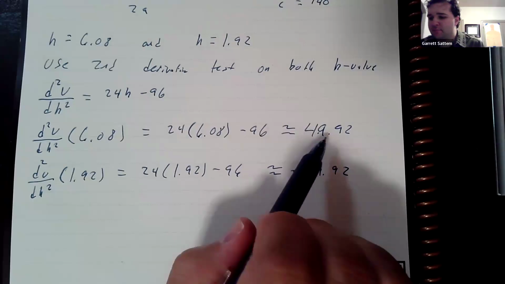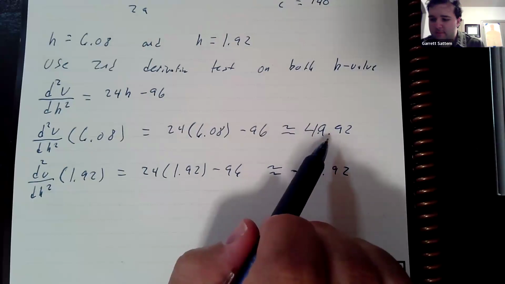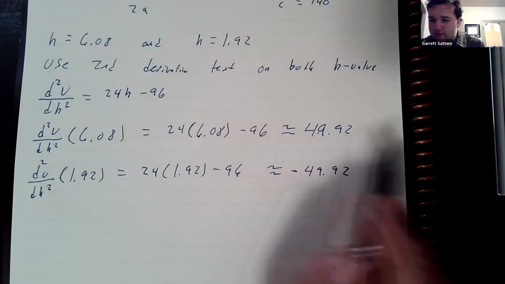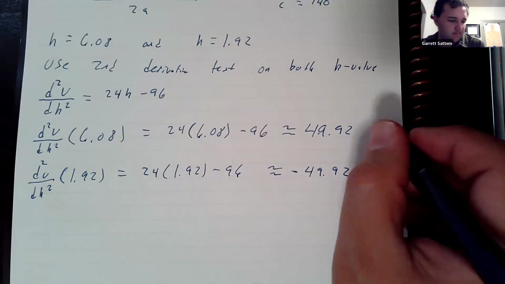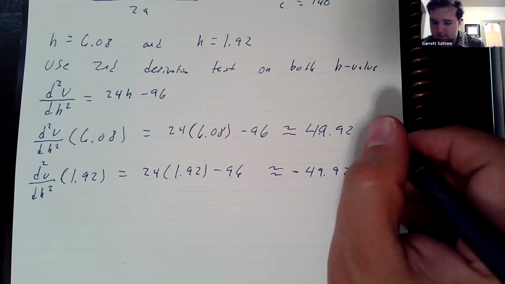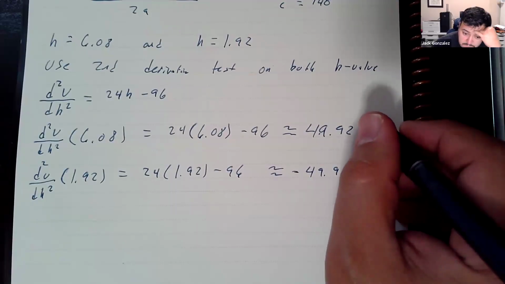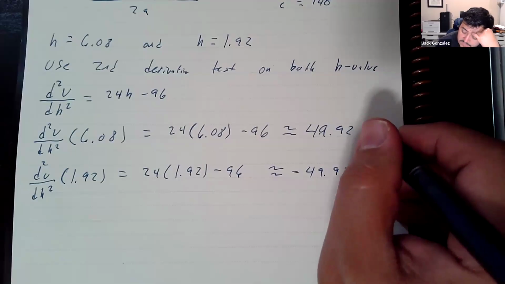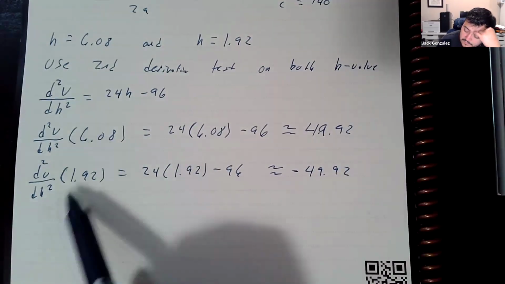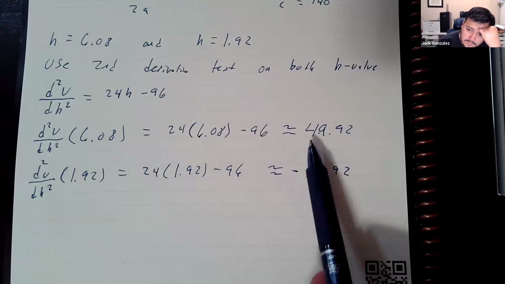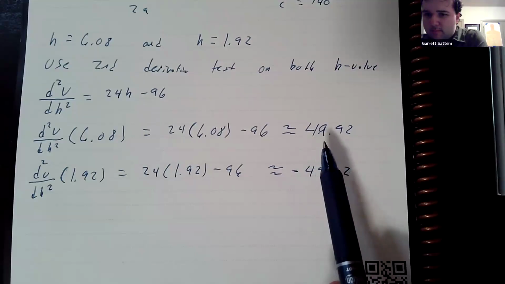Whatever we use to get the positive value is going to be our x. We're trying to find which one's the maximum by using the second derivative test. So if it's positive, what does that tell us? That's our maximum.